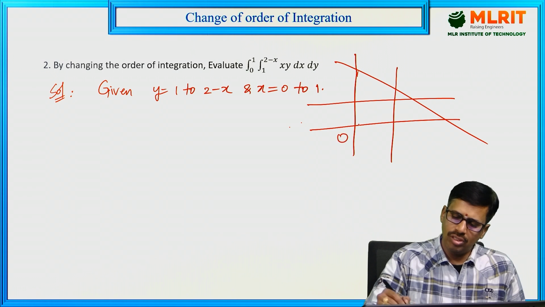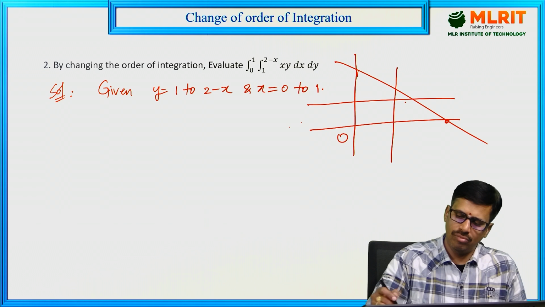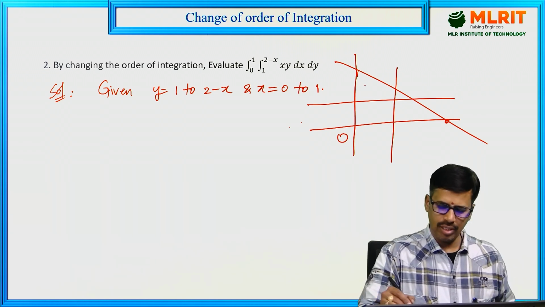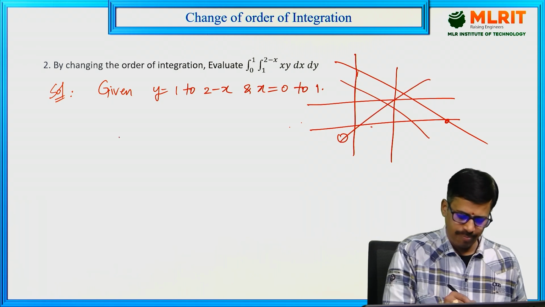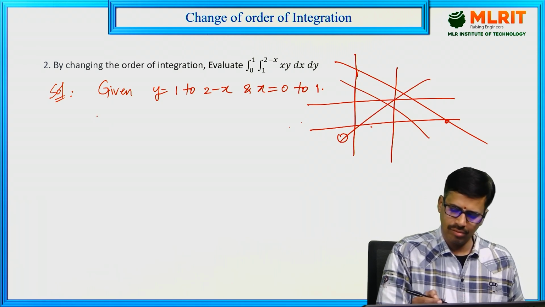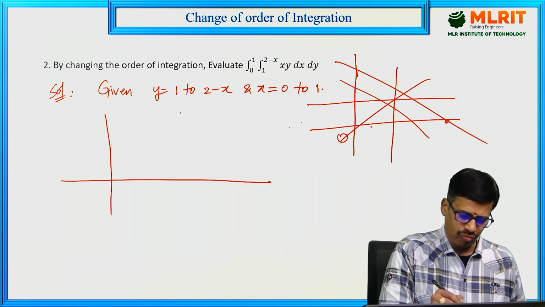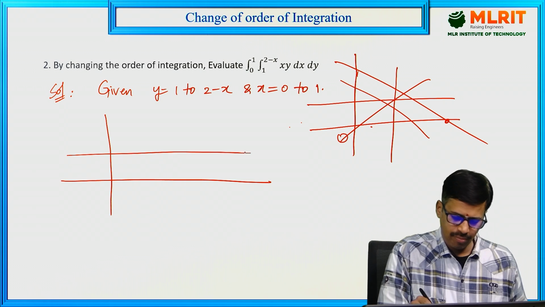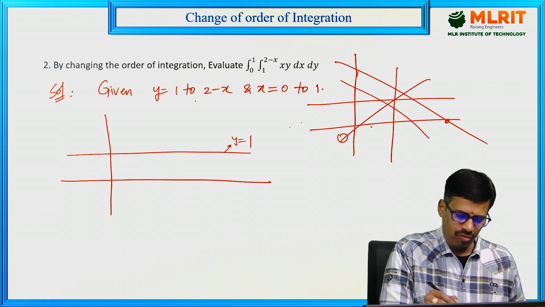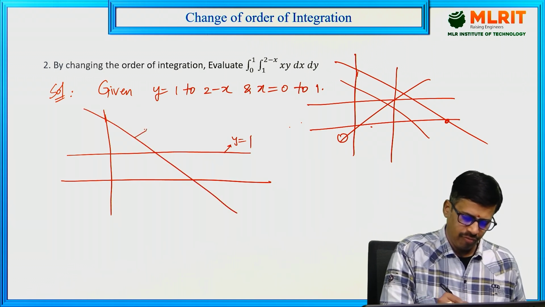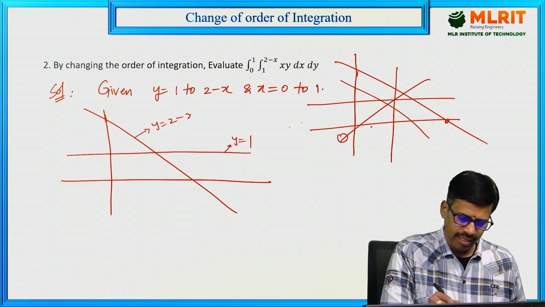So this is origin. Let us write neatly. So y equal to 1, this is the line, y is equal to 1, y equal to 2 minus x is this line, y is equal to 2 minus x.